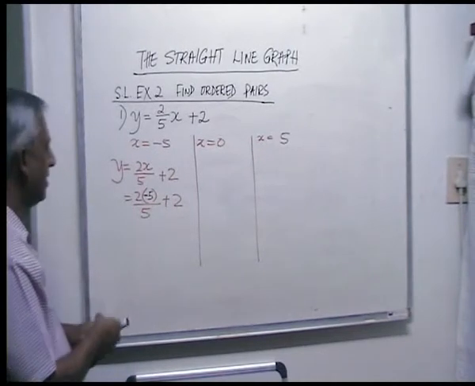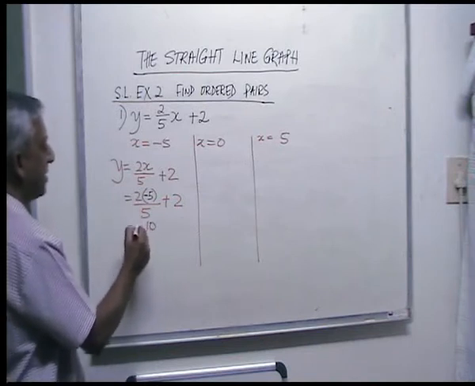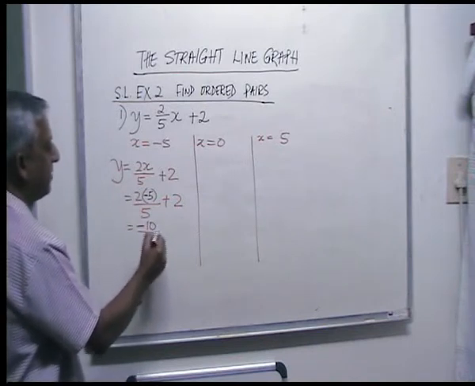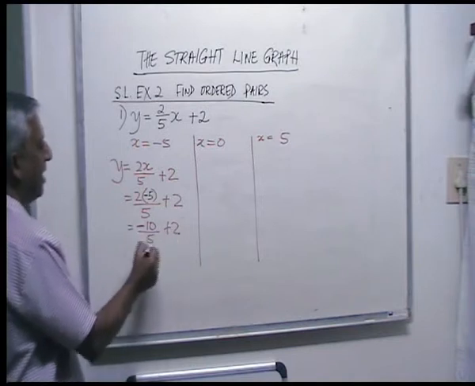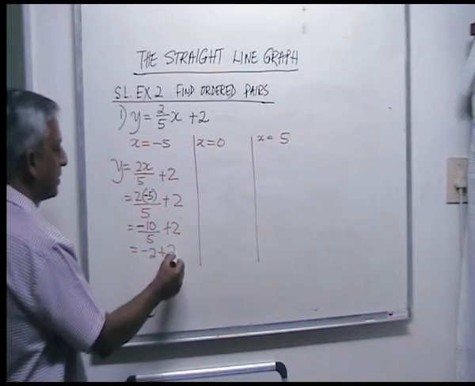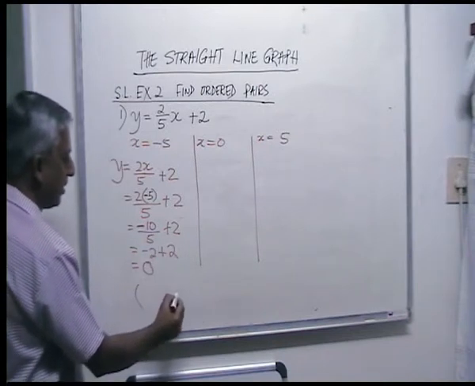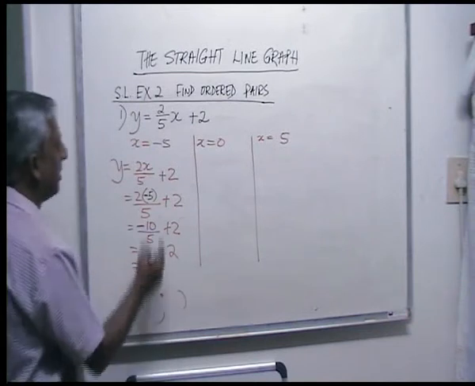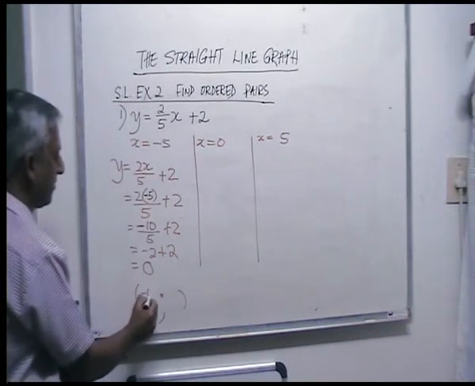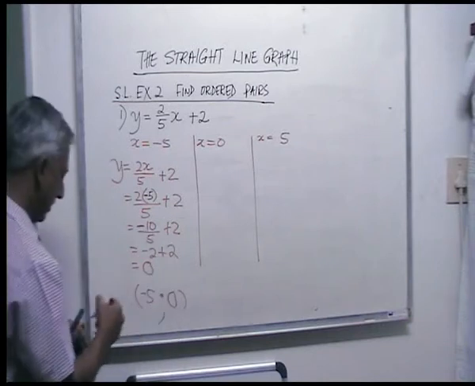Now 2 times minus 5 gives you minus 10 over 5 plus 2. Now minus 10 over 5 gives you minus 2 plus 2. Now minus 2 plus 2 gives you 0. So your ordered pair here, x was minus 5 and y is 0.